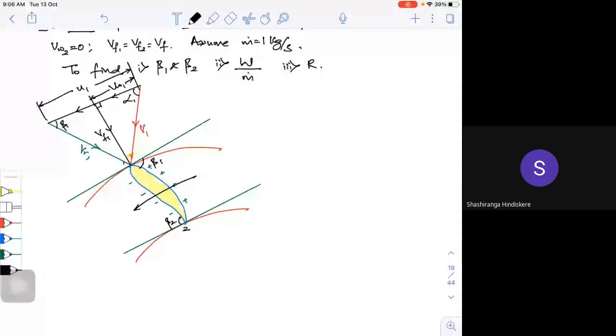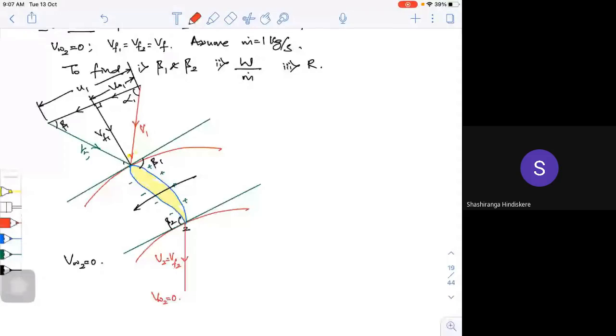Now, it's easy to draw the exit velocity triangle. Why? They clearly told that my VW2 is equal to 0. That means I have only the V2 component and the VF2 component. That is, V2 is equal to VF2. So if I draw the exit velocity triangle, it will simply be a right angle triangle. This is V2 equal to VF2, because my VW2 is equal to 0.